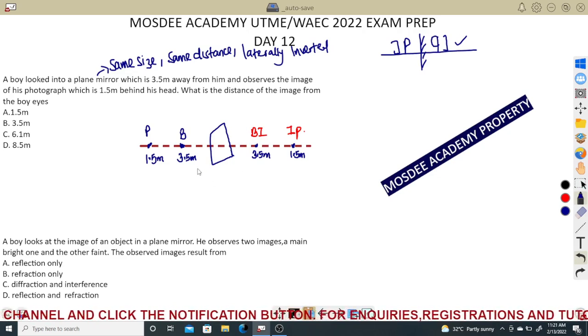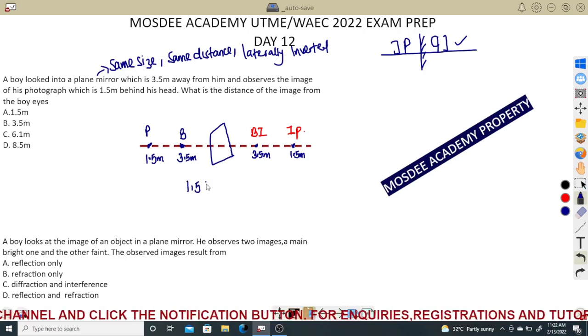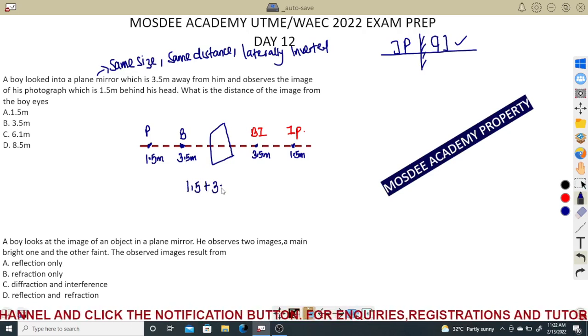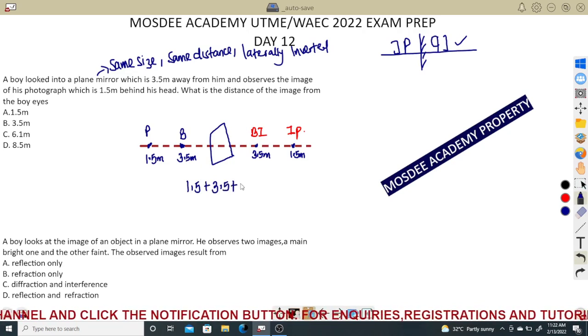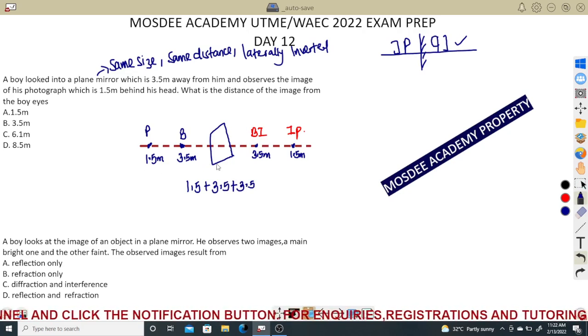See, I'm adding the value of 1.5 plus 3.5 plus 3.5. So please be careful. I'm adding from this particular point to this particular point, from here to here.